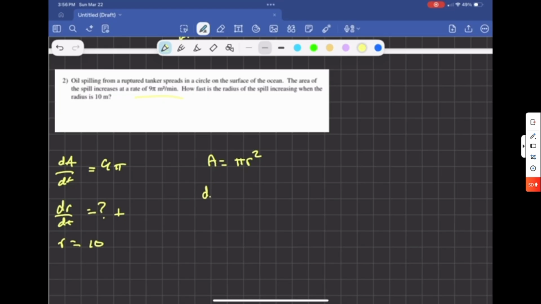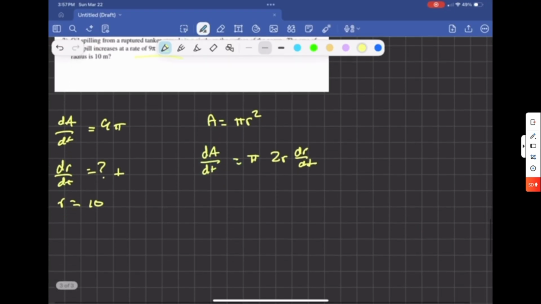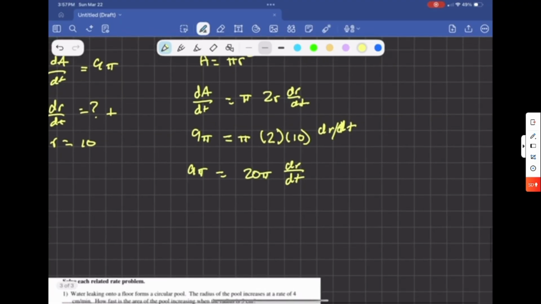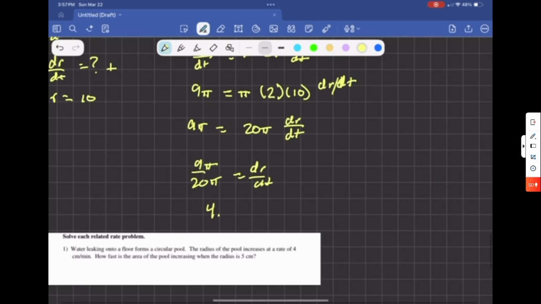Take our derivatives, so dA over dt equals pi is our constant, 2r dr dt. So this is 9 pi equals pi times 2 times 10 dr dt. So 9 pi equals 20 pi dr dt, and we simplify by dividing both sides, so 9 pi over 20 pi equals dr dt, which is simply 0.45 equals dr dt.